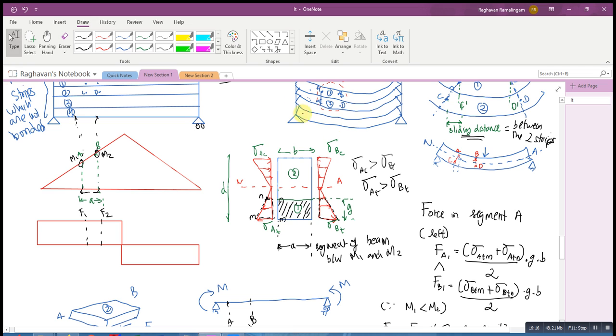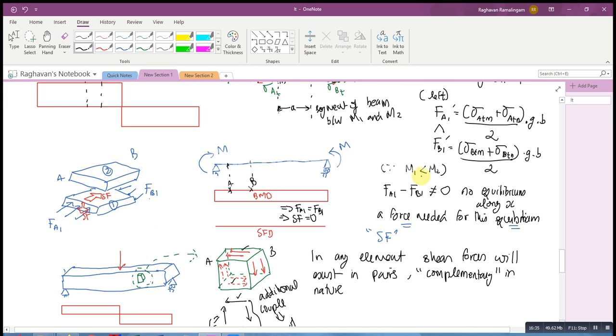Another thing that you can also notice is, now if you have a look over here, I've taken a section between this point and this point. The segment is between these 2 points M and N. And for this, I would have gotten a certain value of Fa1, a certain value of Fb1, giving me some value of the shear force that is required to cause equilibrium between these two.